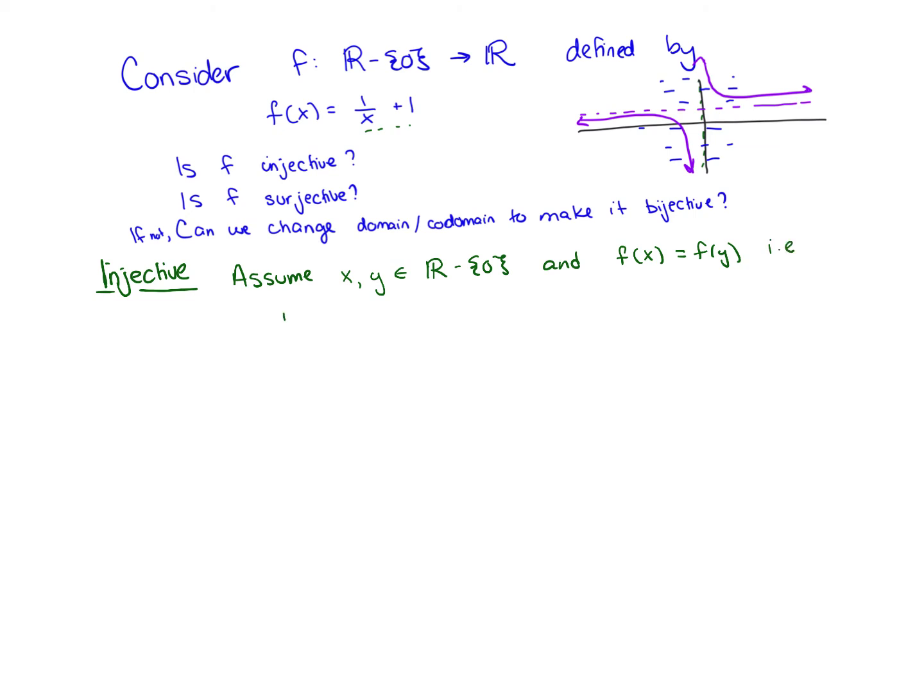That means that 1 over x plus 1 is equal to 1 over y plus 1. I know that x and y aren't 0, so those quantities are well defined. So I'm good. And now I just want to show, using algebra, that x has to equal y. So I can subtract 1 from both sides.